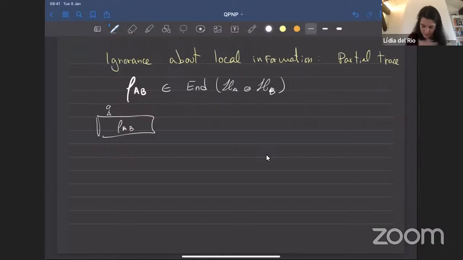For example, it could be two qubits, where Alice has one qubit and Bob has a second qubit. What we want to know is, if Alice can only see her qubit, and can only do measurements on her qubit, how can she model her local information? Alice does not have access to Bob's part. So what is Alice's knowledge?